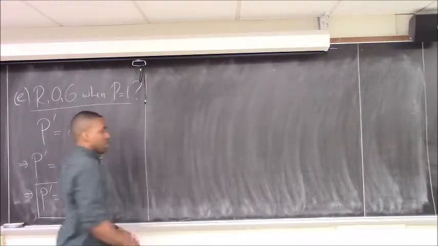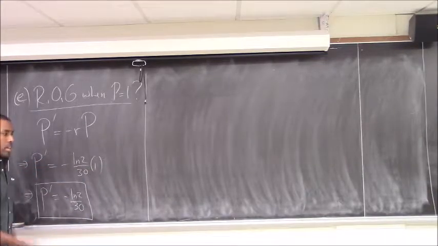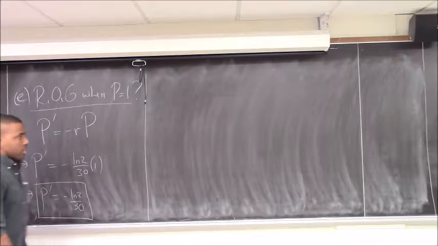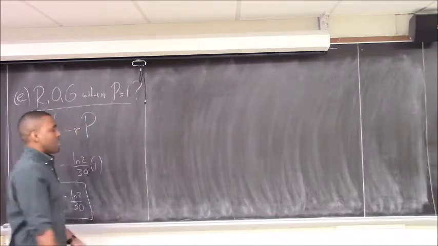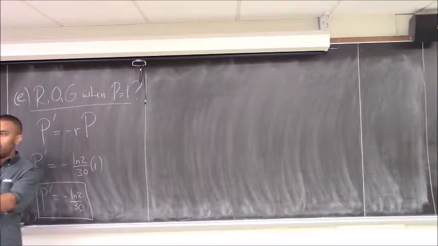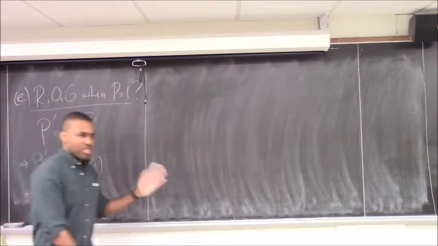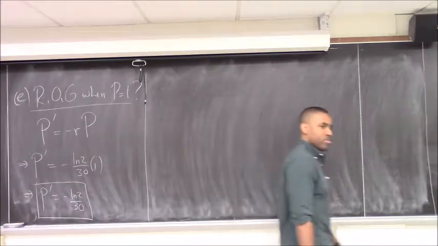You can measure it over 2 periods of time and see how it's decreasing. And then you can come up with the R, and then you can figure out the half-life. What's the half-life of carbon-14? About 5,600 years.